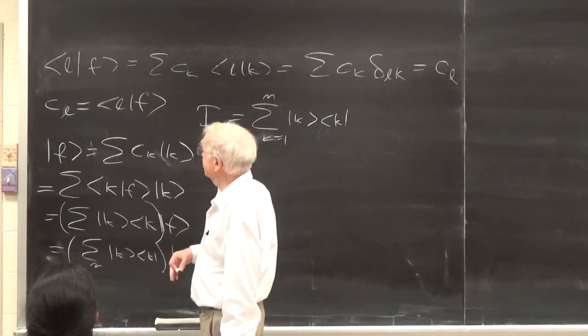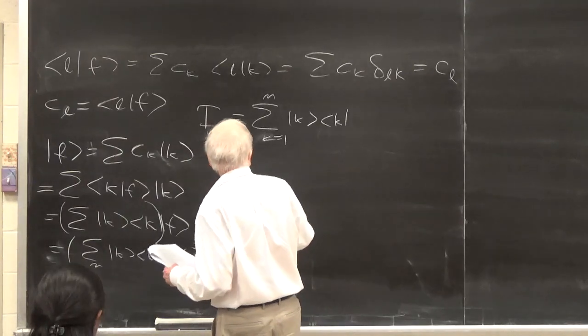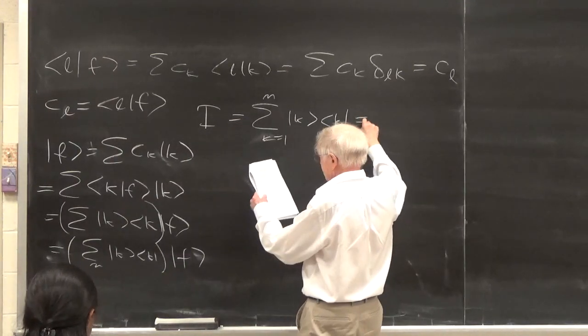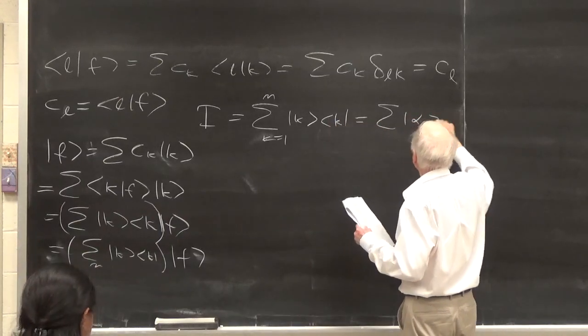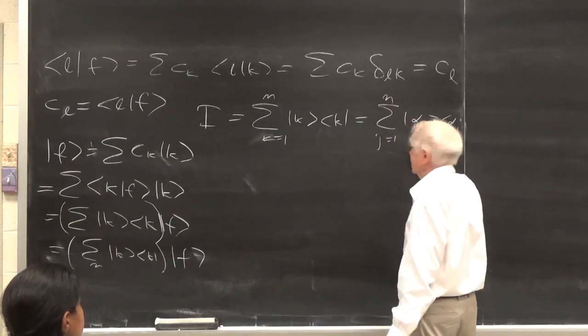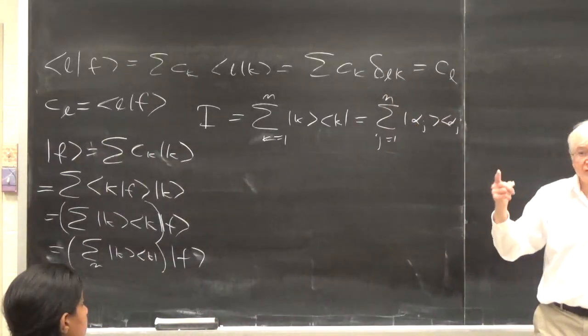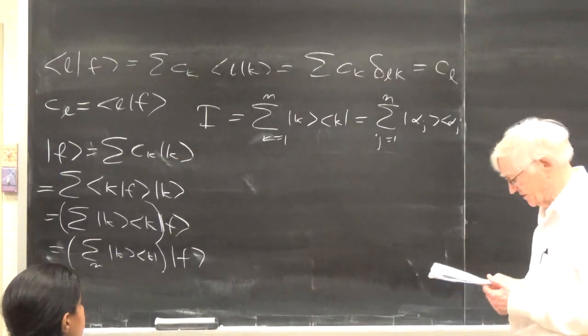We could have expanded the f's in terms of some other basis. And what we would have found is, if we had used a different basis, we would have had something like this: sum over alpha j, |alpha j><alpha j|, j equals 1 to n, where the alpha j's just represent another orthonormal basis. Just a different set of labels for different bases.